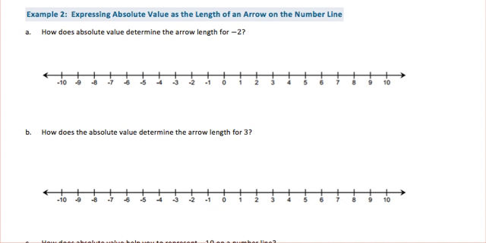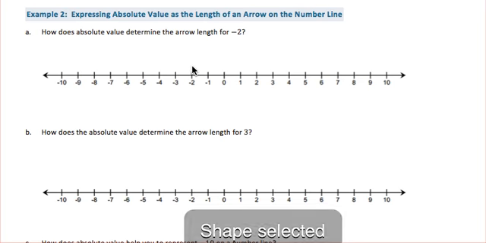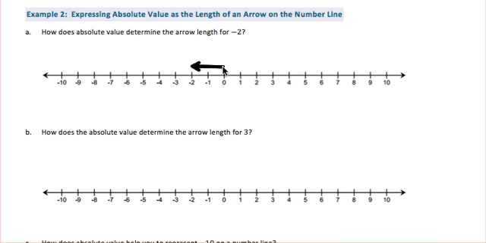Looking at example 2, how does absolute value determine the arrow length for -2? Well, the absolute value would be the distance from 0, which is 2. So the arrow length would be 2 units. How does the absolute value determine the arrow length for 3? Again, the absolute value of 3 is 3.